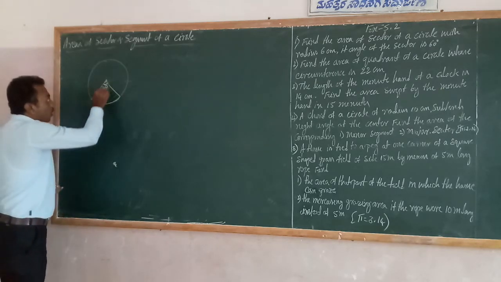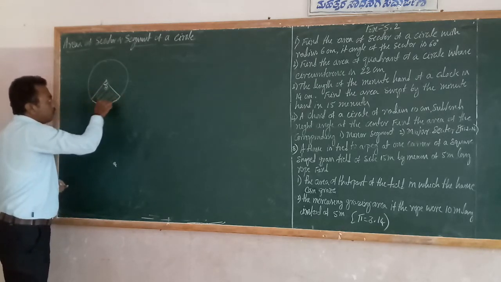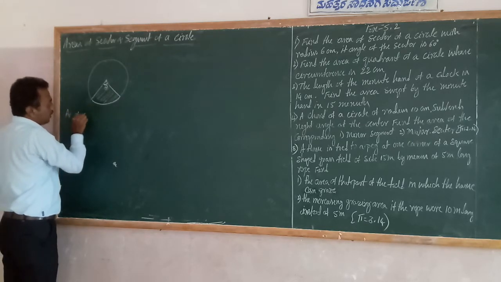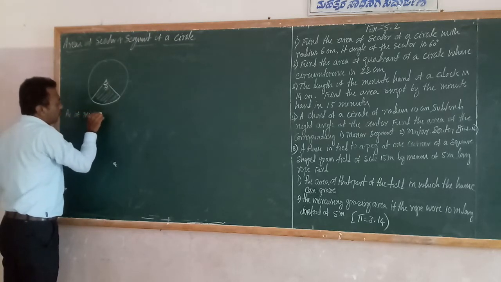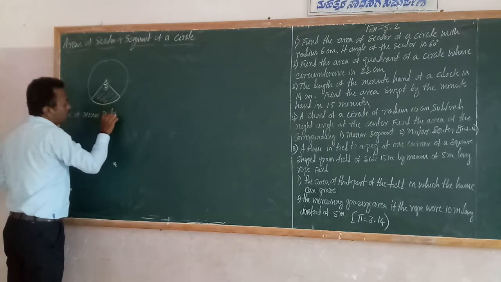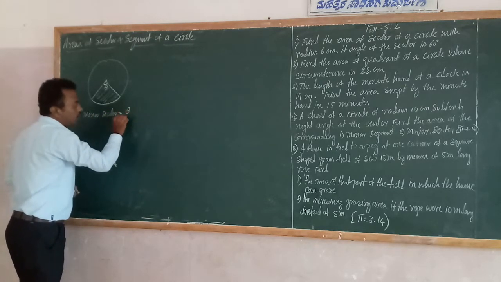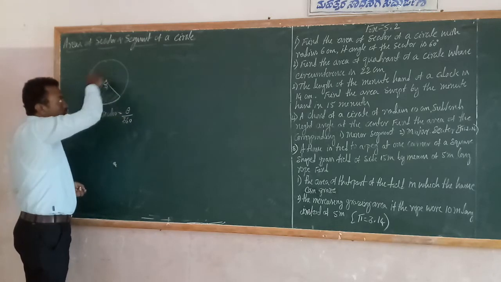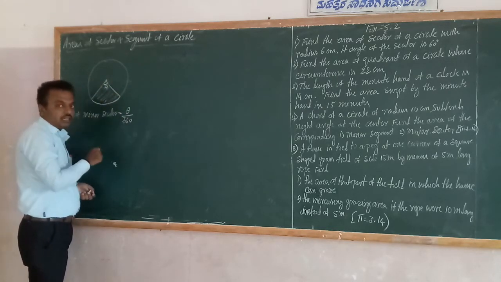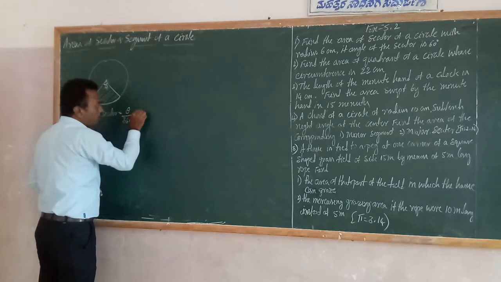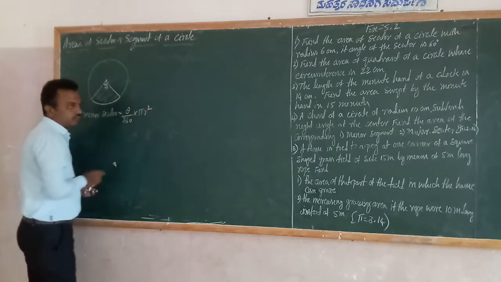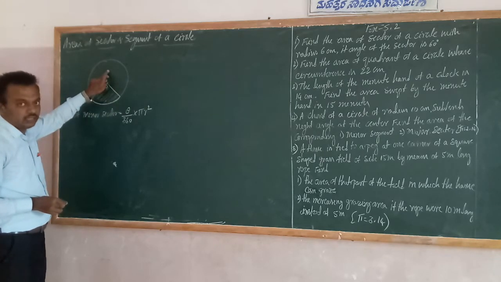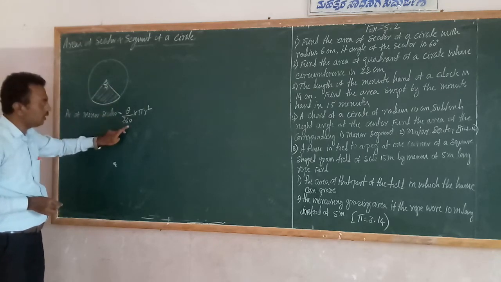If you want to calculate this area, the area of the minor sector is equal to theta by 360 into pi r square. 360 is the sum of the angles of the circle. The total angle of the circle is 360 degrees.